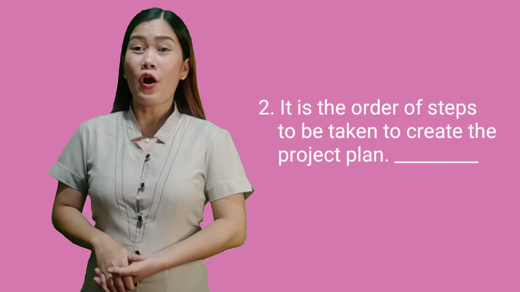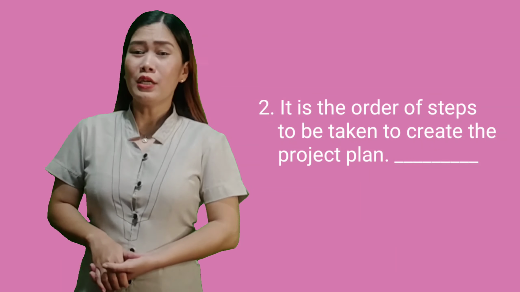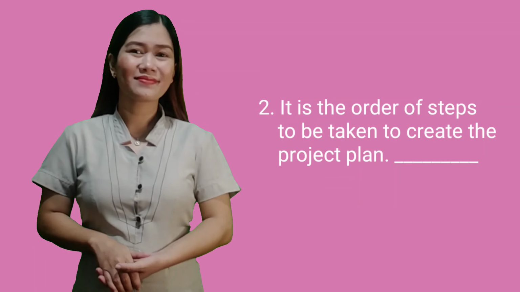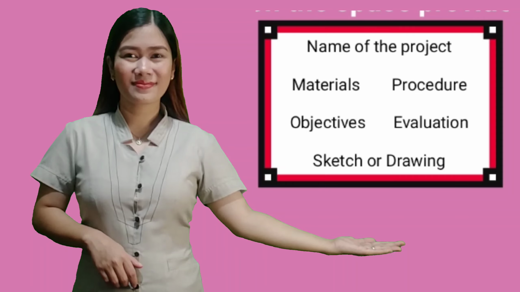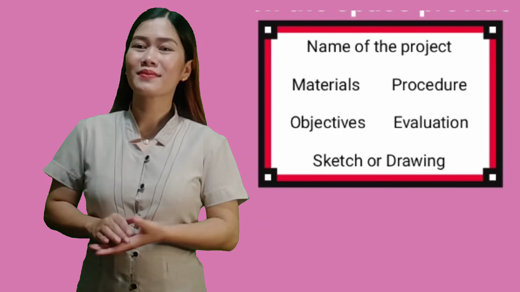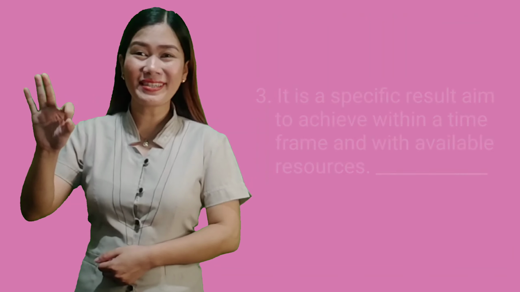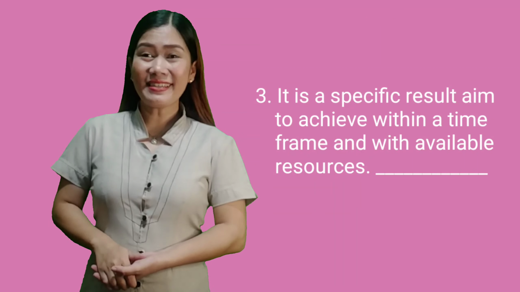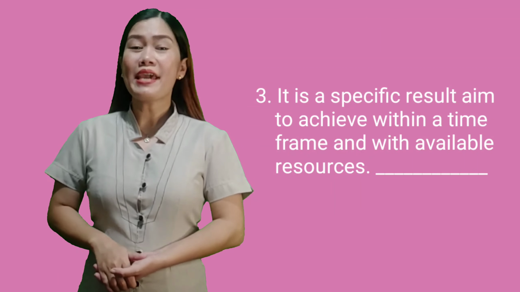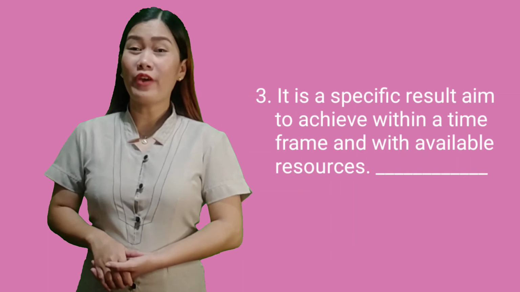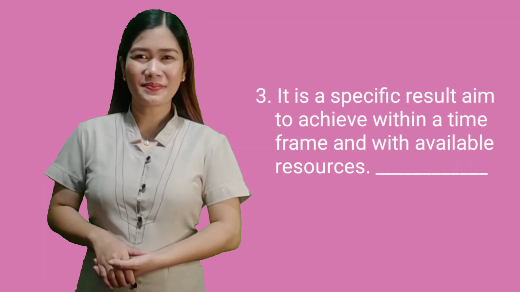It is the order of steps to be taken to create the project plan. Number 3. It is a specific result aimed to achieve within a time frame and with available resources.